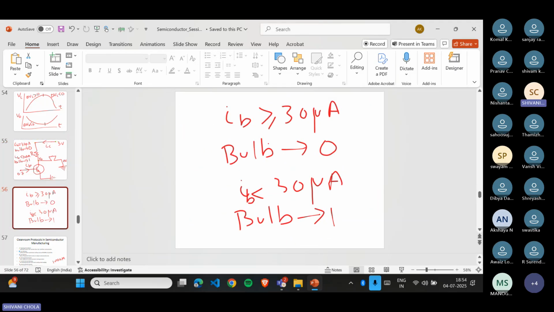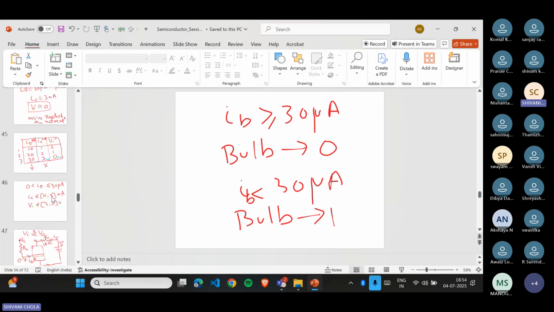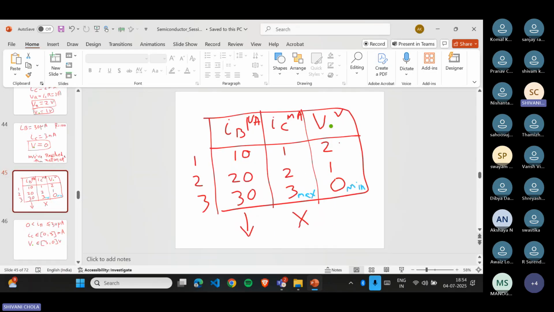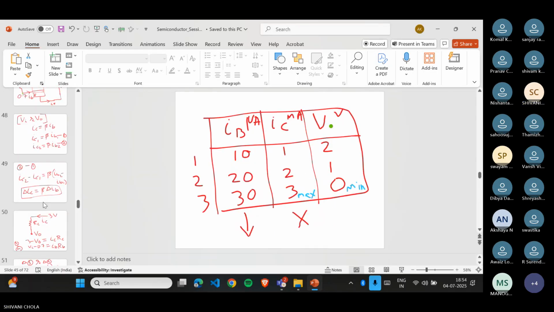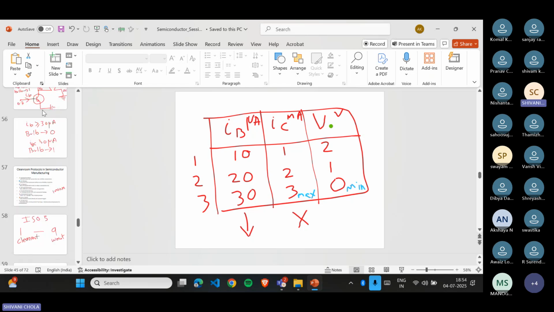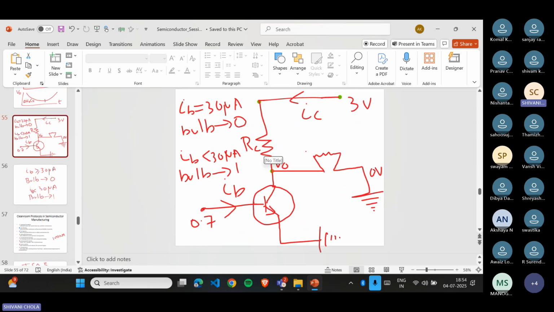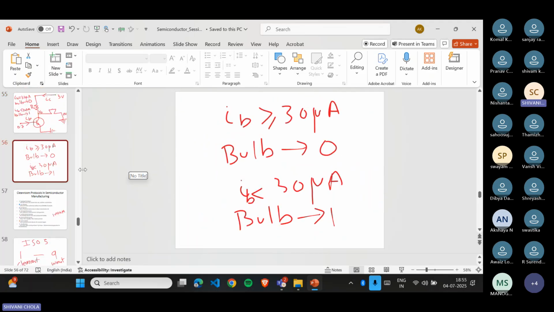See, if the current through the base is less than 30 microampere, then you will have some potential at the green point. And whenever there is a difference between the potential at the green point and the ground point, which is zero voltage, your bulb will glow, right? In this way you have successfully built a switch.